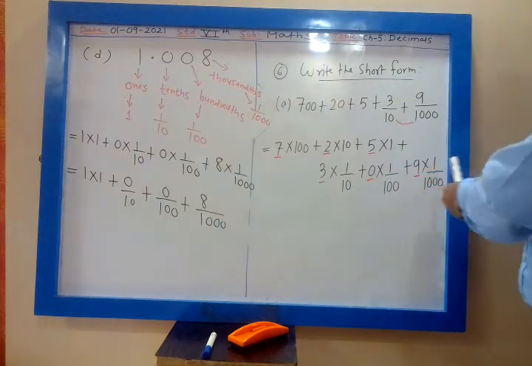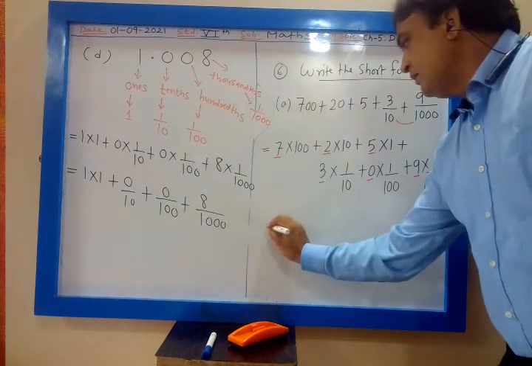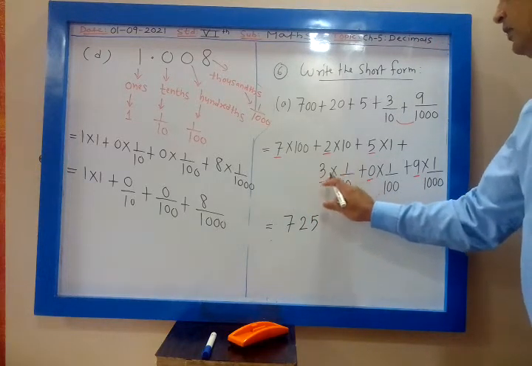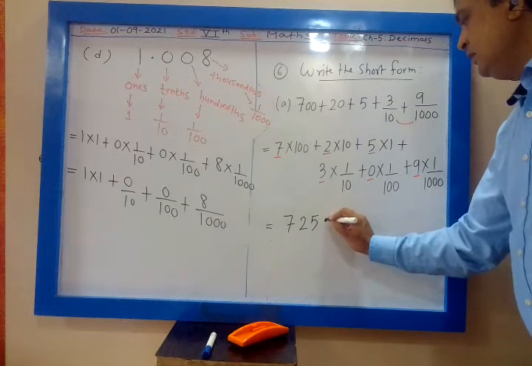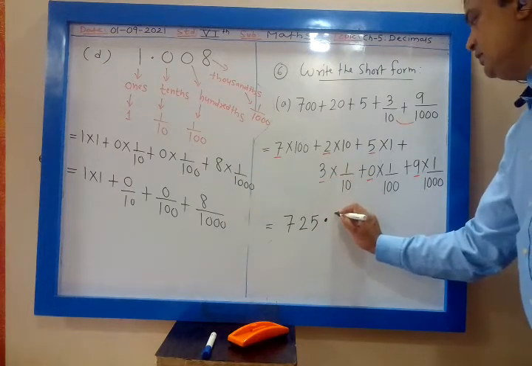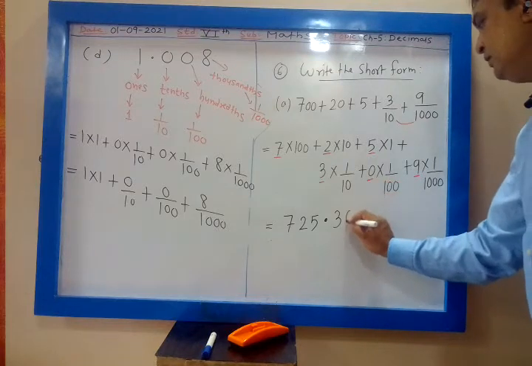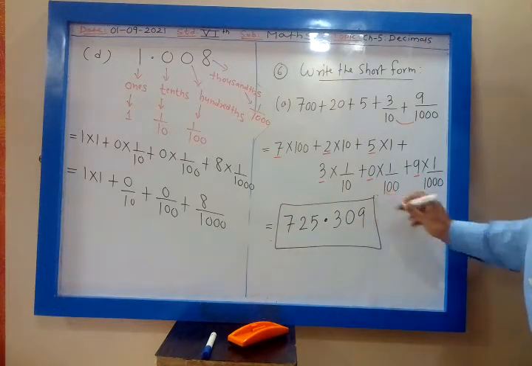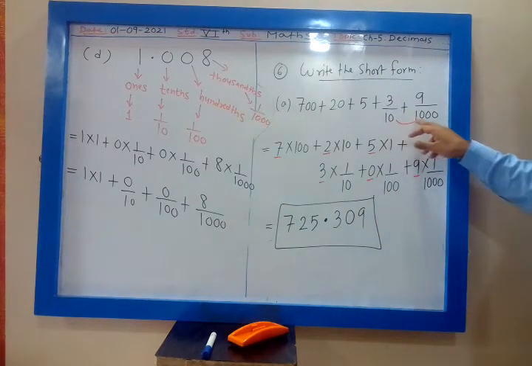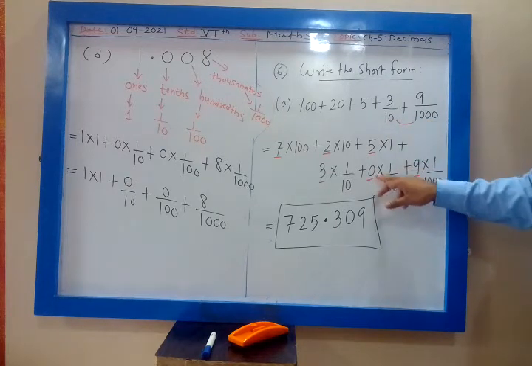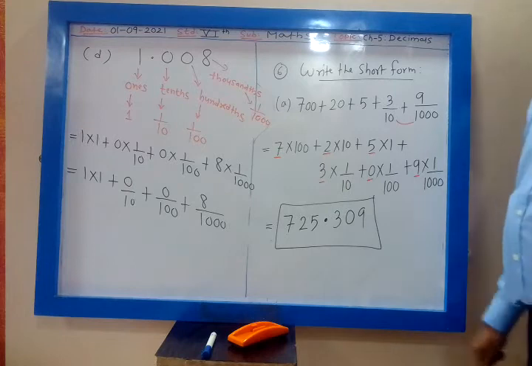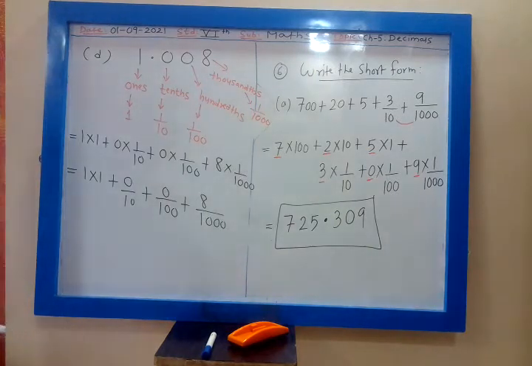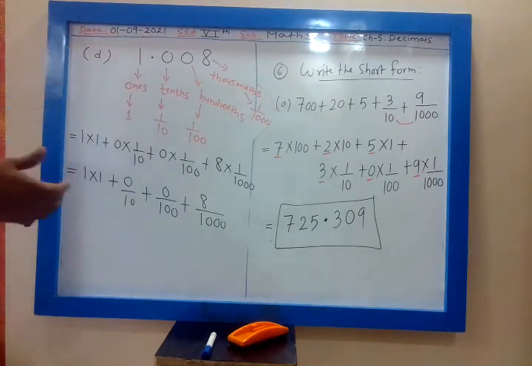For 1 upon 10 we write the decimal, then 3 into 1 upon 10 means tenths position 3, hundredths position 0, then thousandths position 9. 725.309 is the answer. For 1 upon 100 you will take the coefficient as 0. Do not directly write 39, because 1 upon 100 is missed.